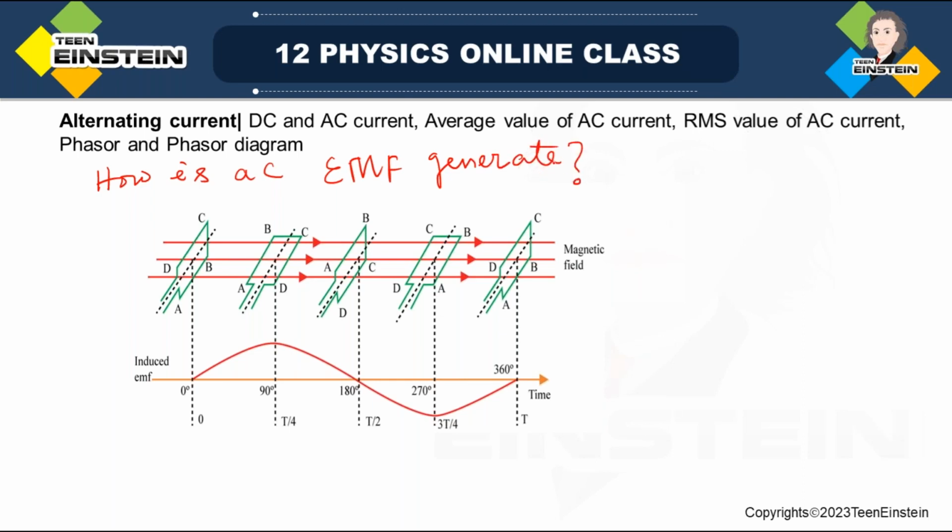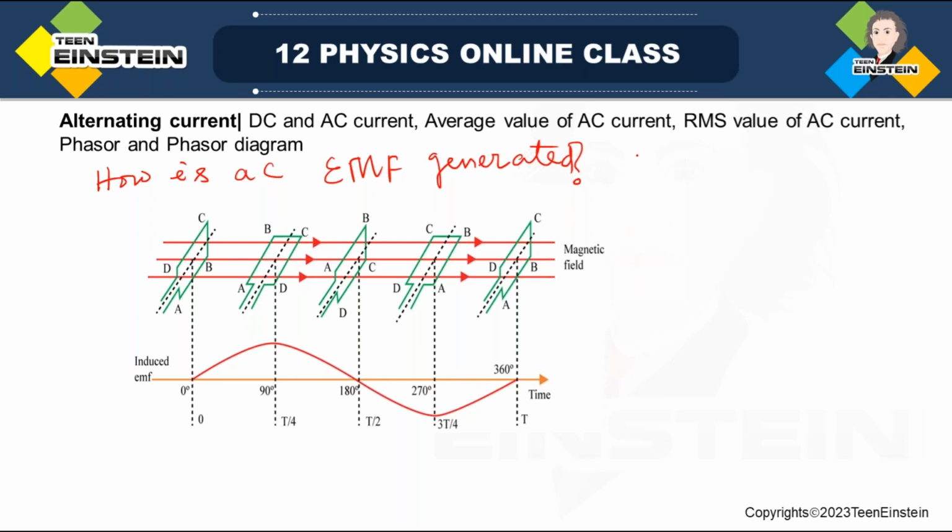I would like to just recapitulate for you. See, AC EMF or alternating EMF is generated by rotating a conducting loop in a uniform magnetic field.